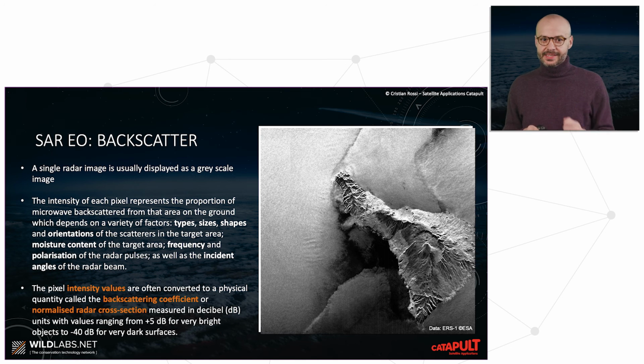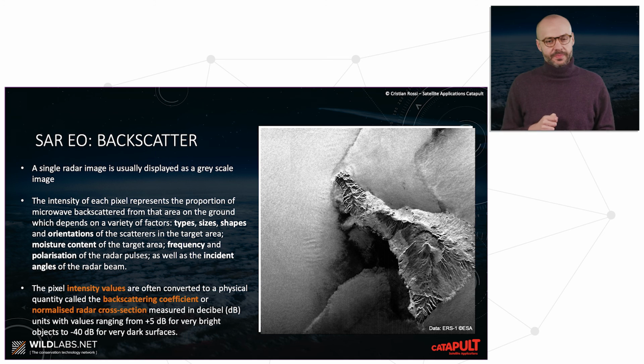The intensity of each pixel here represents the proportion of the microwave backscatter from the area of the ground. Again, we have our system which is transmitting energy. It bounces, in this case off an island, and is reflected back.